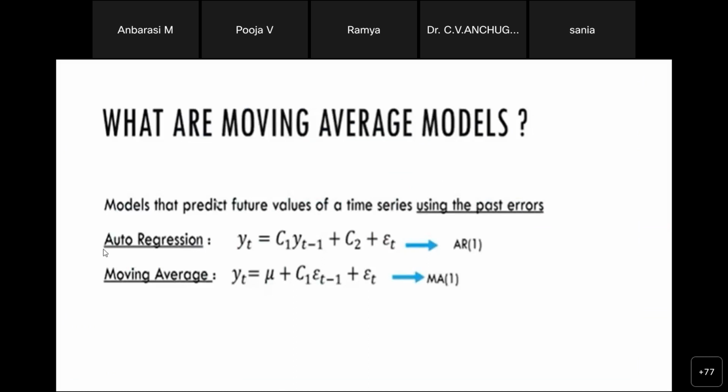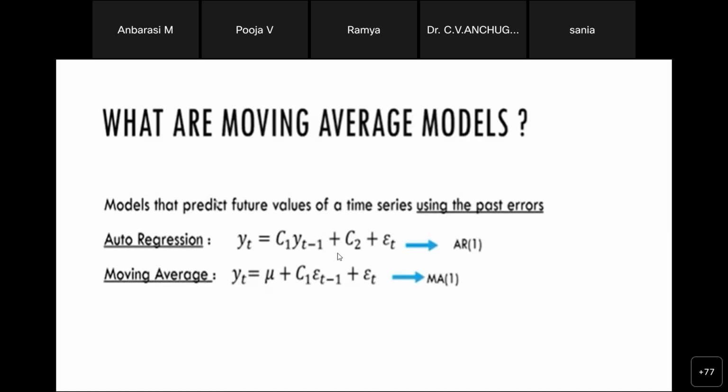In the moving average, we have a mean value, plus a constant multiplied with the previous error, and then the current error term also. Based on that, we calculate y. So this is the difference between the autoregressive and the moving average models.